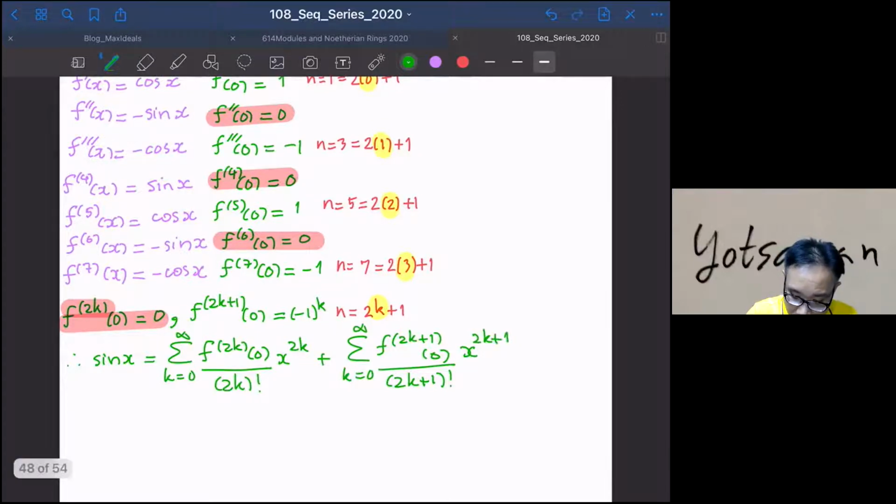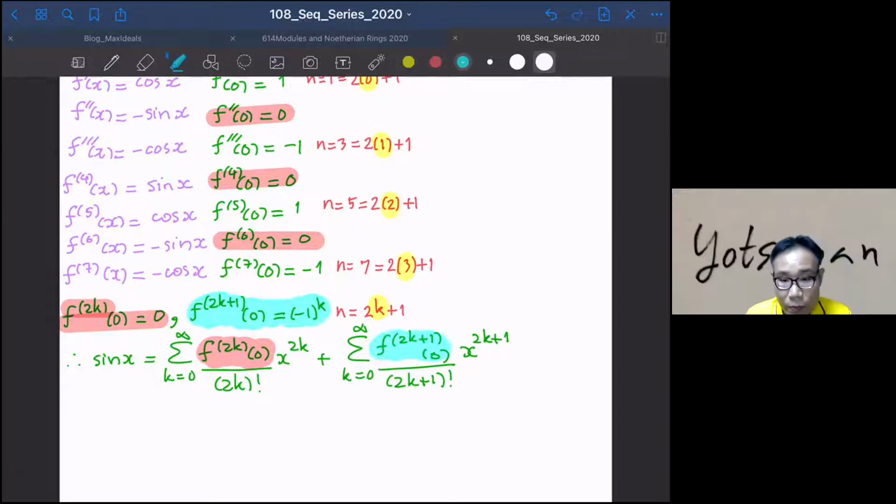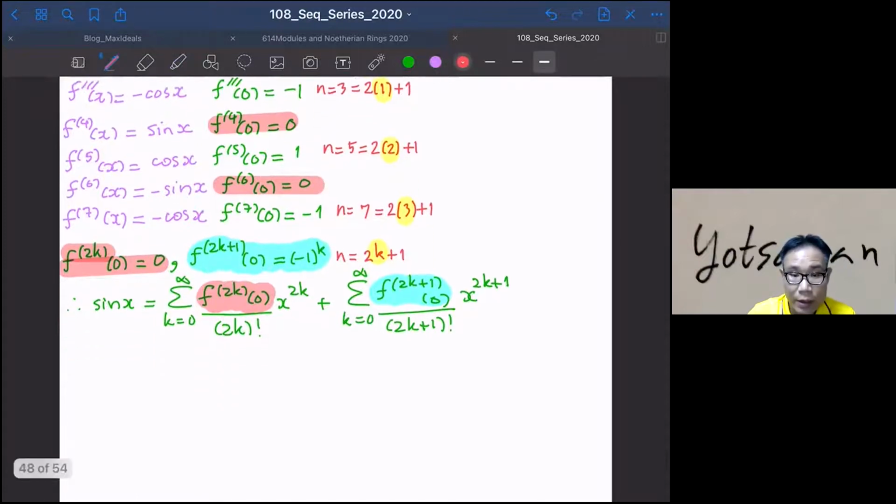So you see here that this one is the red term, and it turned out to be equal to 0, so it disappears, and you have this blue term turning out to be negative 1 to the k.